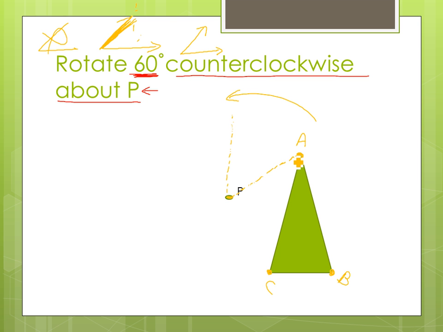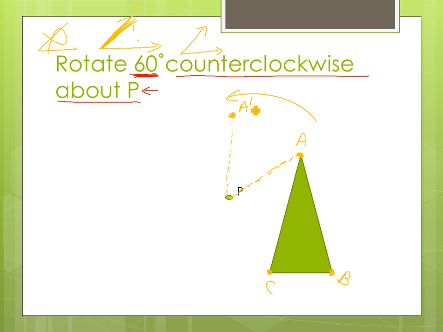Then what you have to do is you have to see how far you are from A to P. And we wanna go that same distance up to get to A prime. And I'm actually gonna use a yardstick to measure it here just to get a better idea. So A prime's gonna fall somewhere about in there.